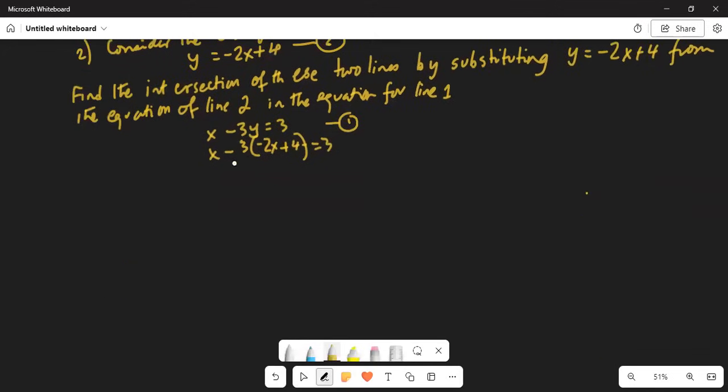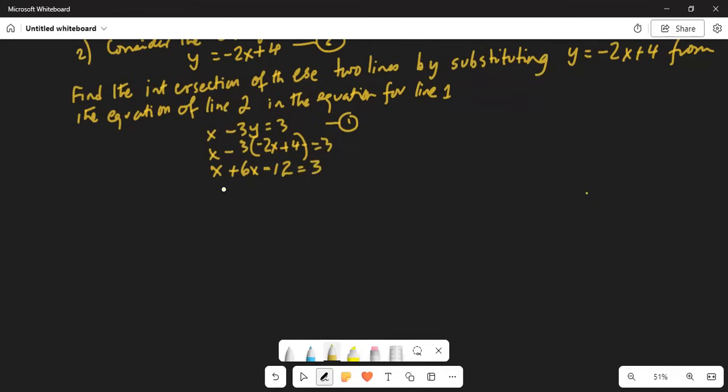Then I'll distribute the minus 3. So minus 3 times minus 2x, 2 minuses make it plus, 3 times 2 is 6x, and then minus 3 times 4 is 12, equal to 3.